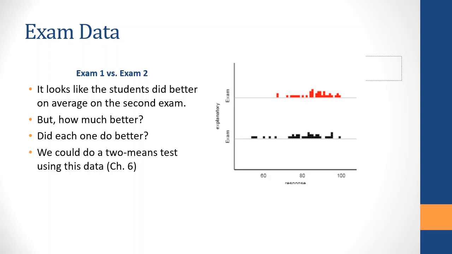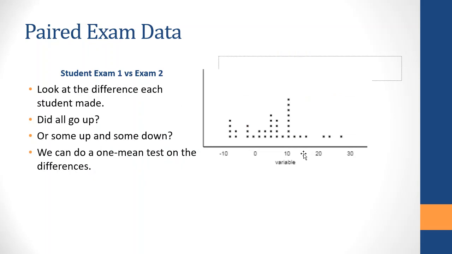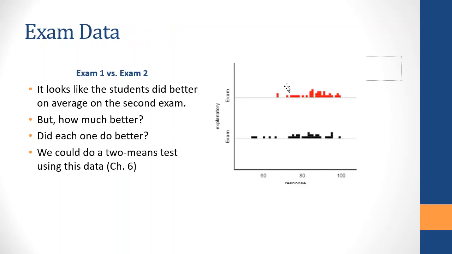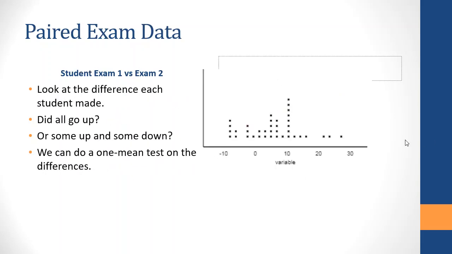But with paired data, what you're going to do is pair each pair of these numbers and say, well, this student did 10 better, and this student did 20 better, and this student did 8 points worse, actually. And then you combine what looks like two groups of data by subtracting each pair into just a single group of data.